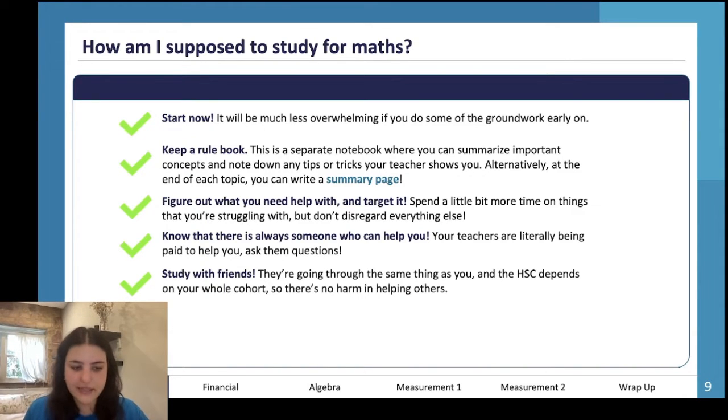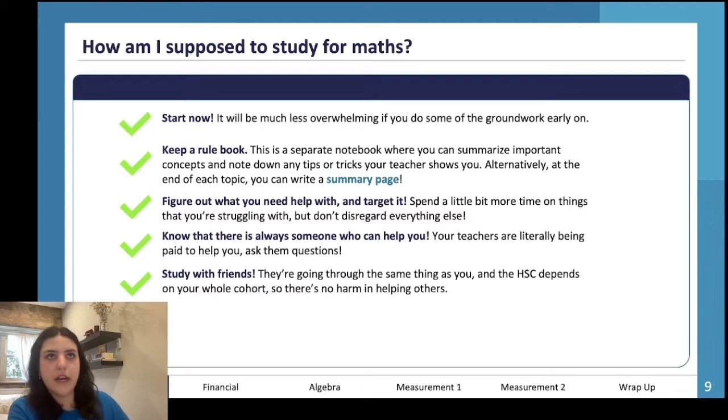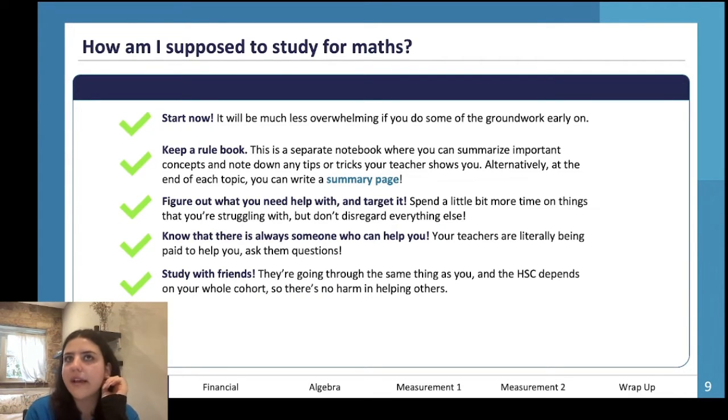Study with friends. Now this one comes with a massive asterisk on the end. Your friends are the only people that will truly understand what it is like for you, right? This is my 4th year out. I still have a fairly good memory of what year 12 was like, and I feel like I can impart some good advice. But it's been 4 years since I was at the beginning of year 12, or about 3.5 years since I sat those final exams.